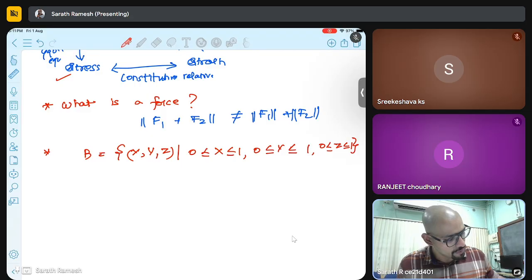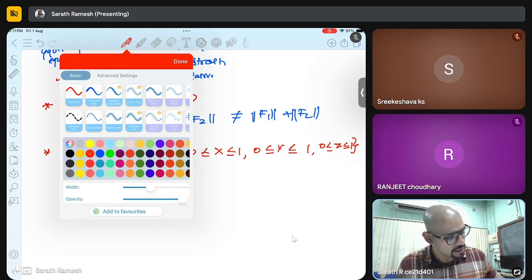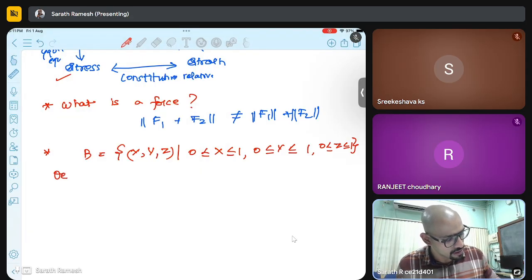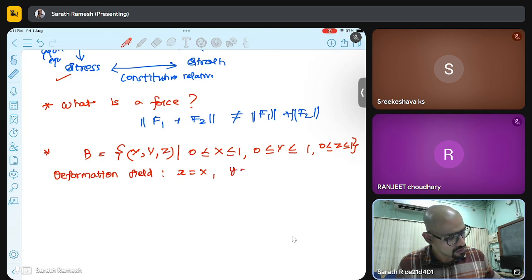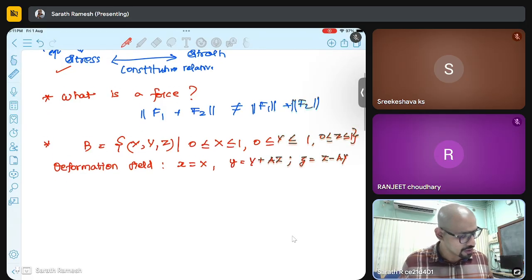The deformation field is given for this problem: x equals capital X, y equals capital Y plus a times Z, and z equals capital Z minus a times Y. Okay, so this is the question.